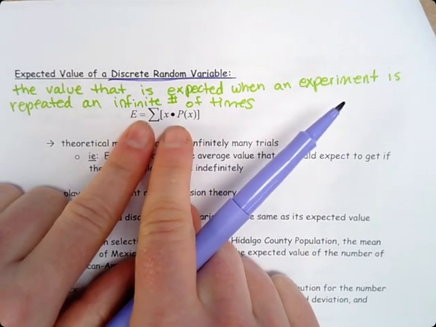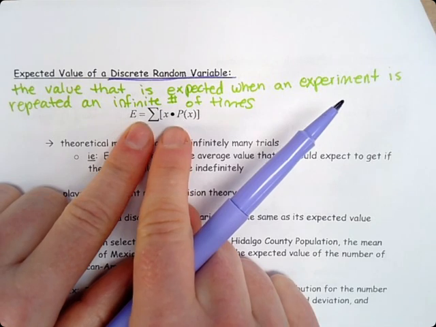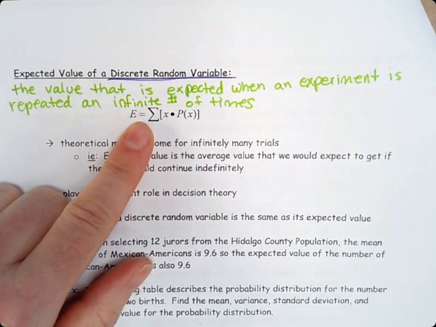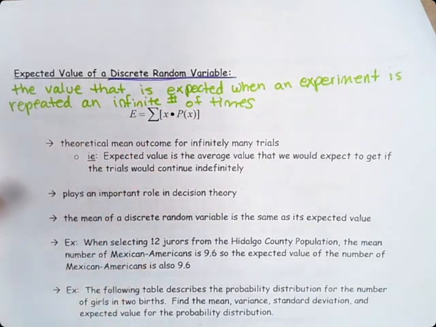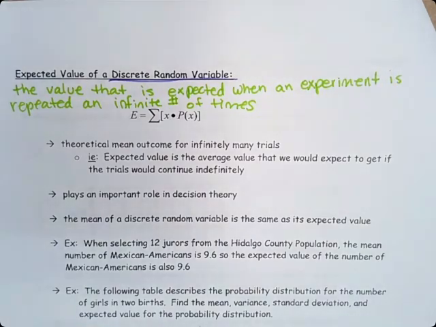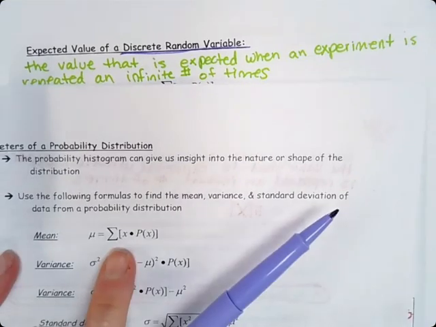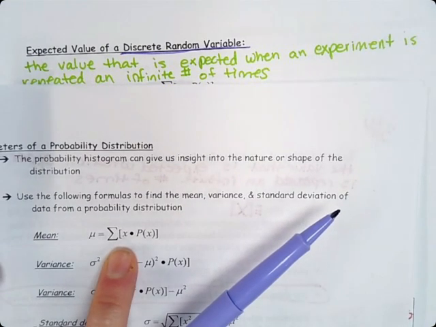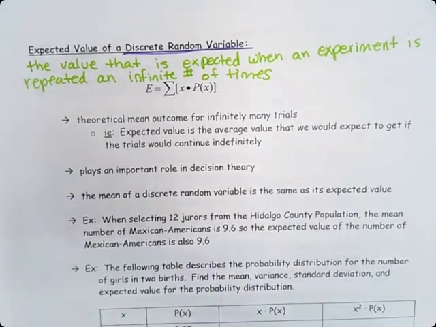Do you see this formula? This formula is the same as our mean formula over here. See how it's the same exact formula? So our expected value comes from the mean.